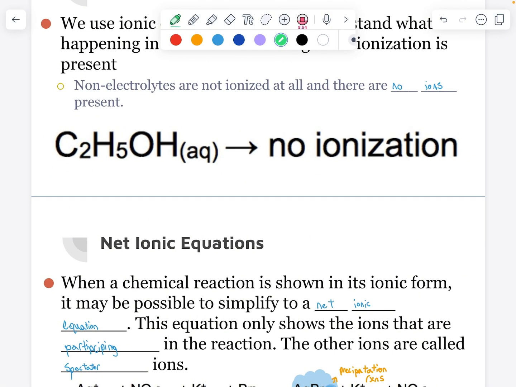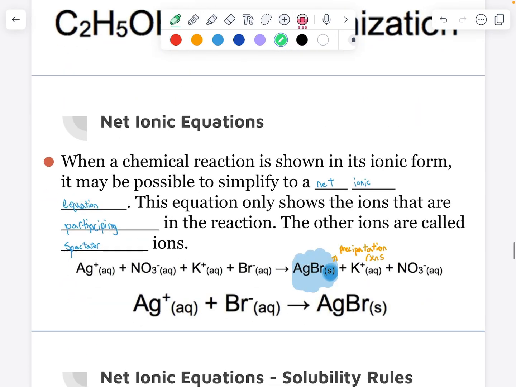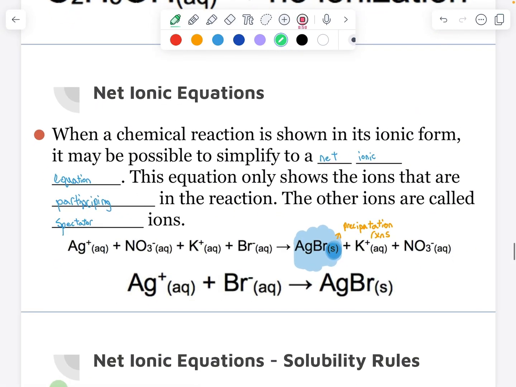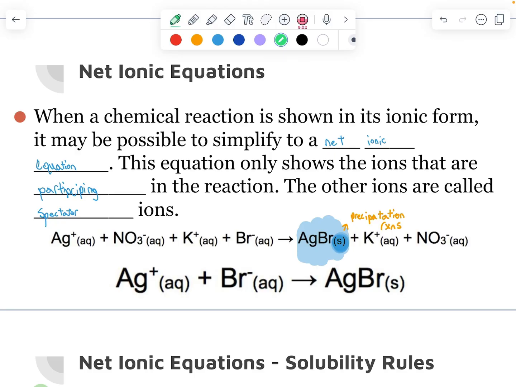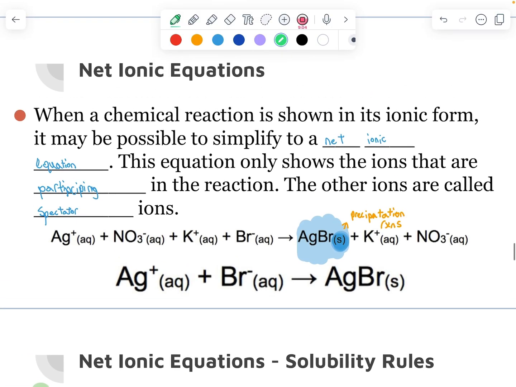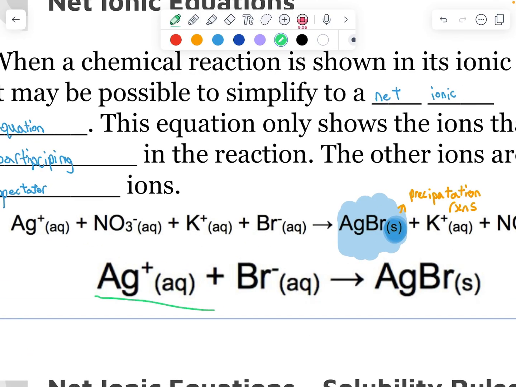And so then we have our net ionic equations. This is only when we show the species that are involved in the reaction. So from here we see this is the net ionic equation: silver plus bromide yields silver bromide.